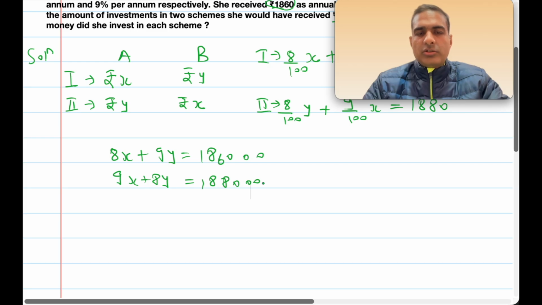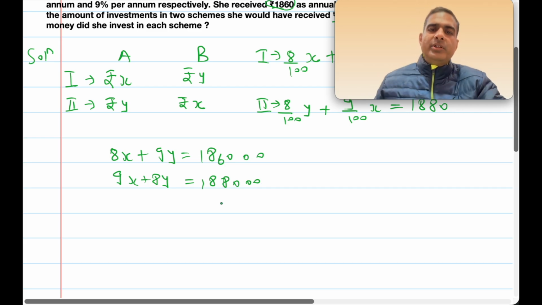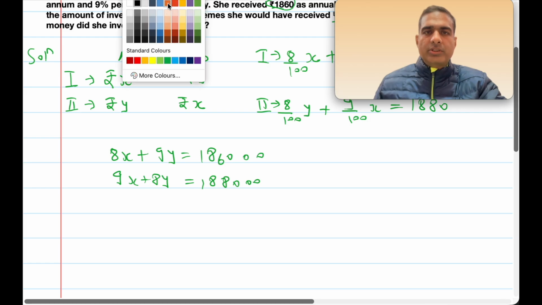If we add the coefficients of x in both the equations, it turns out to be 17, and the sum of the coefficients of y is also 17. So whenever you get such equations, we can solve it quickly by adding both the equations once.